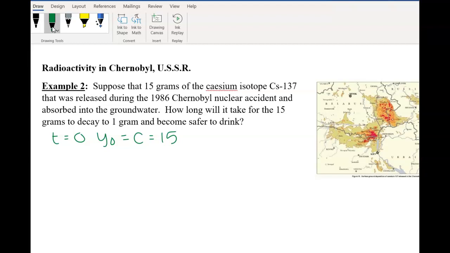We want to know the time when y is going to be 1. So we have 0, 15. We're looking for y1.